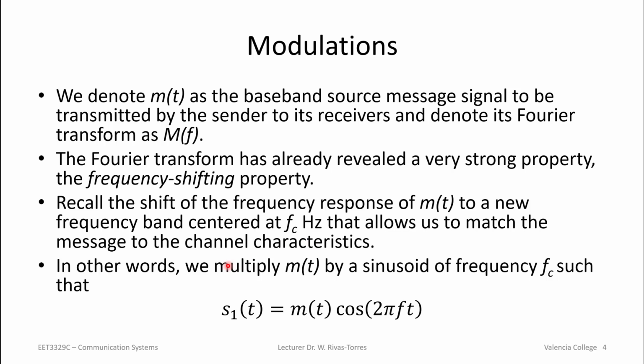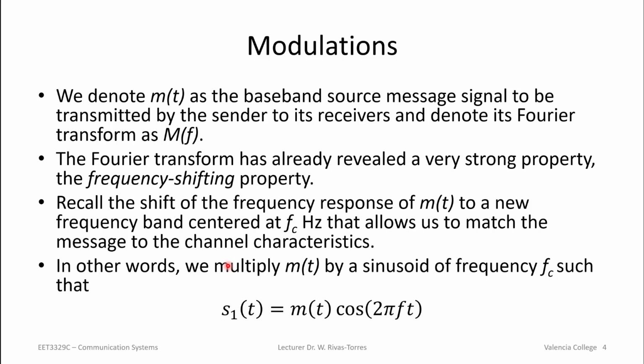In order to transmit our signal through a certain channel, we need to be at a certain frequency, and there are many reasons for that. One of them is that in the U.S., the regulatory commission, the FCC, tells you what frequency you have to be at.